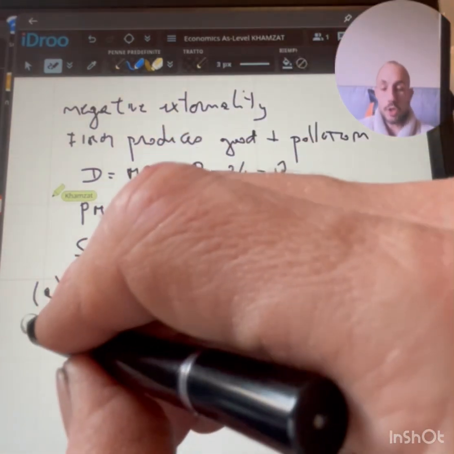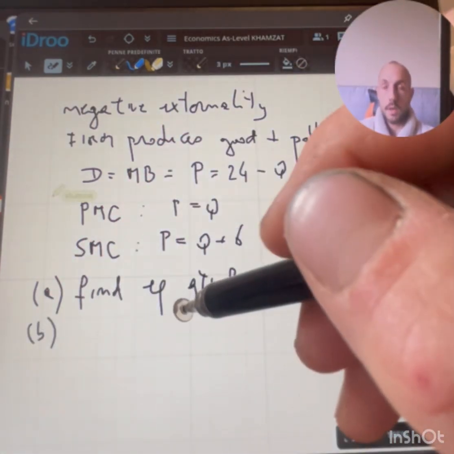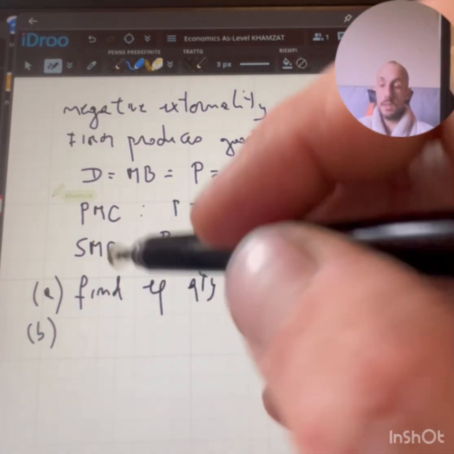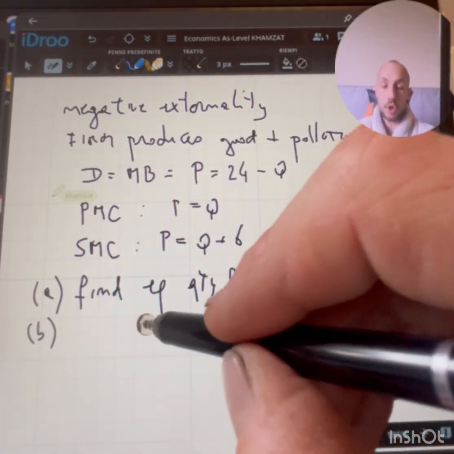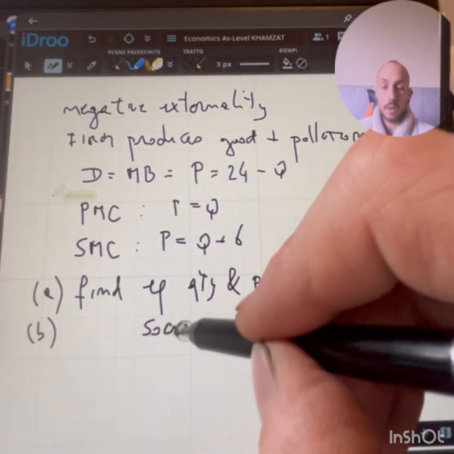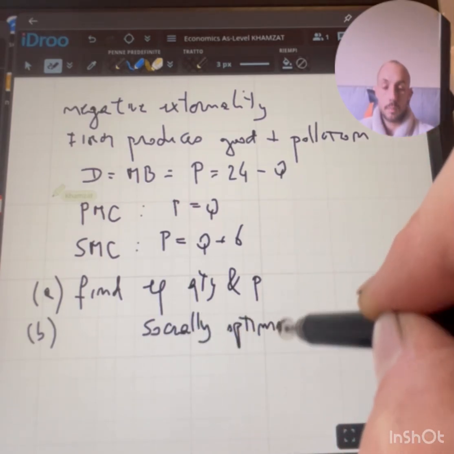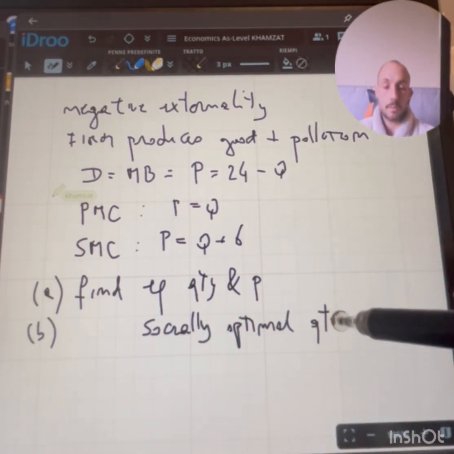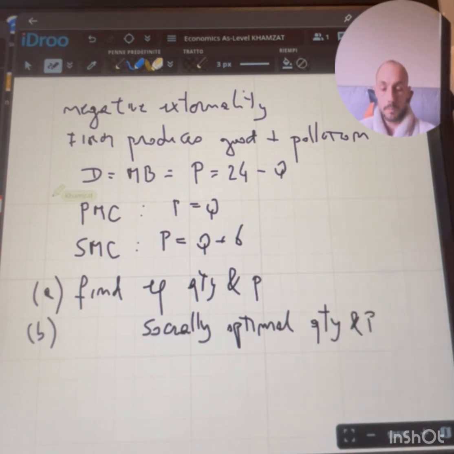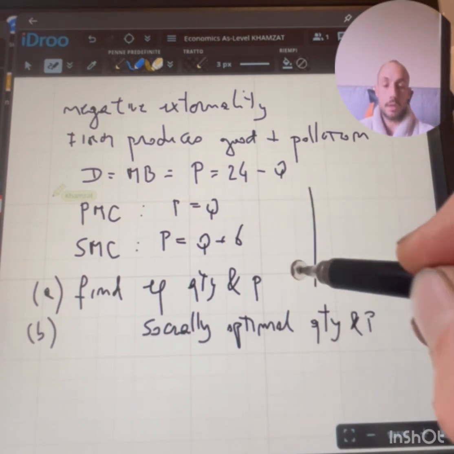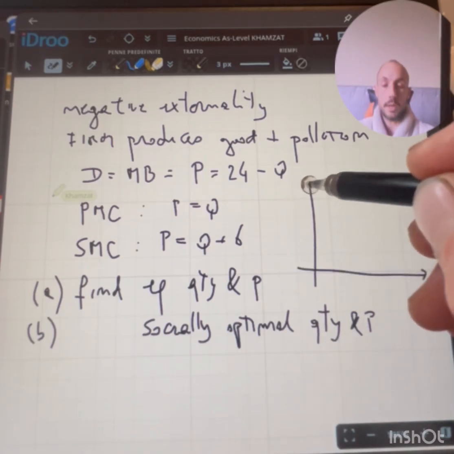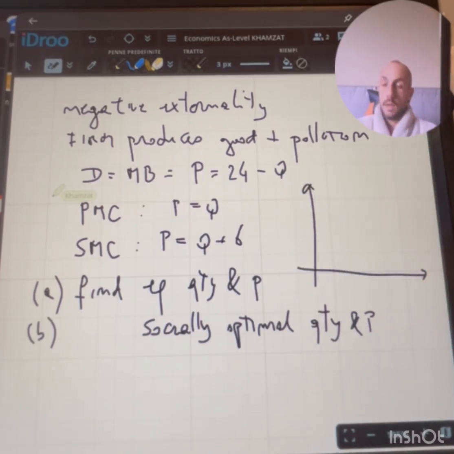The next question, just to help yourself, is: find the socially optimal quantity and price. You are more than welcome to start drawing it here. Just sketch it small, and then enlarge.